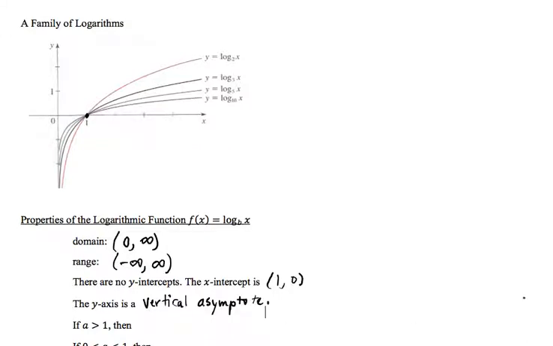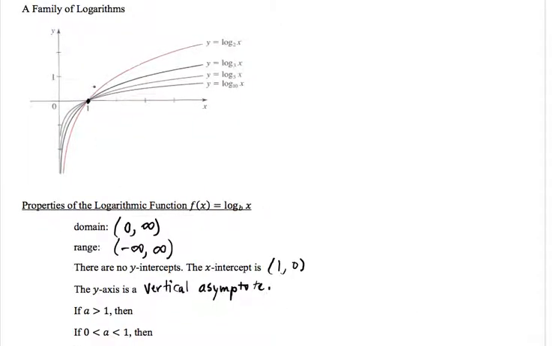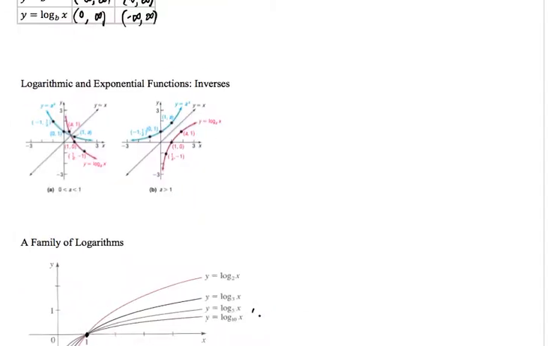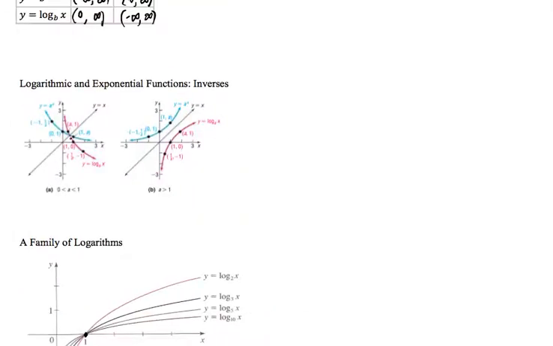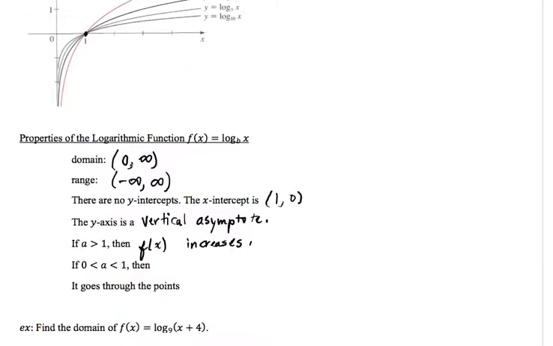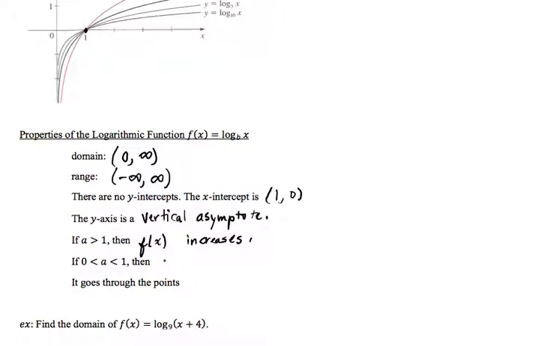If the base a is greater than 1, then it looks like this. It's an increasing function, so f of x increases. And from this picture right here, you can see this logarithmic function. If the base was between 0 and 1, then the function would be decreasing. And all of these logarithmic functions go through 2 points.